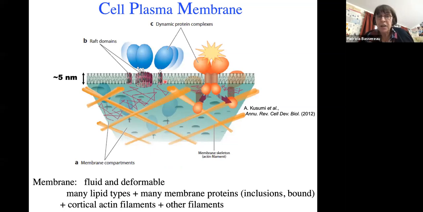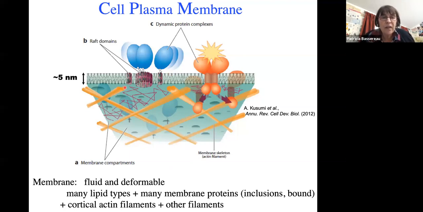In addition, the membranes contain, as you probably know, many lipids, more than 10,000 types of lipids, and many proteins. Some of them are included in the membrane, like this one, but some of them are bound to the membrane. As I said, the membrane is fluid, meaning that the proteins can diffuse.